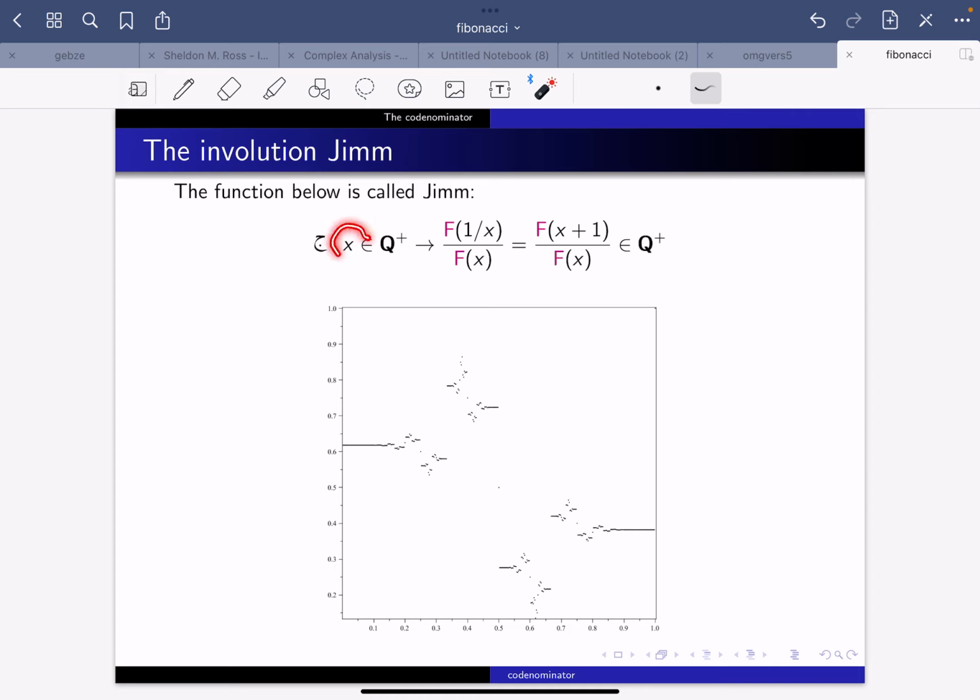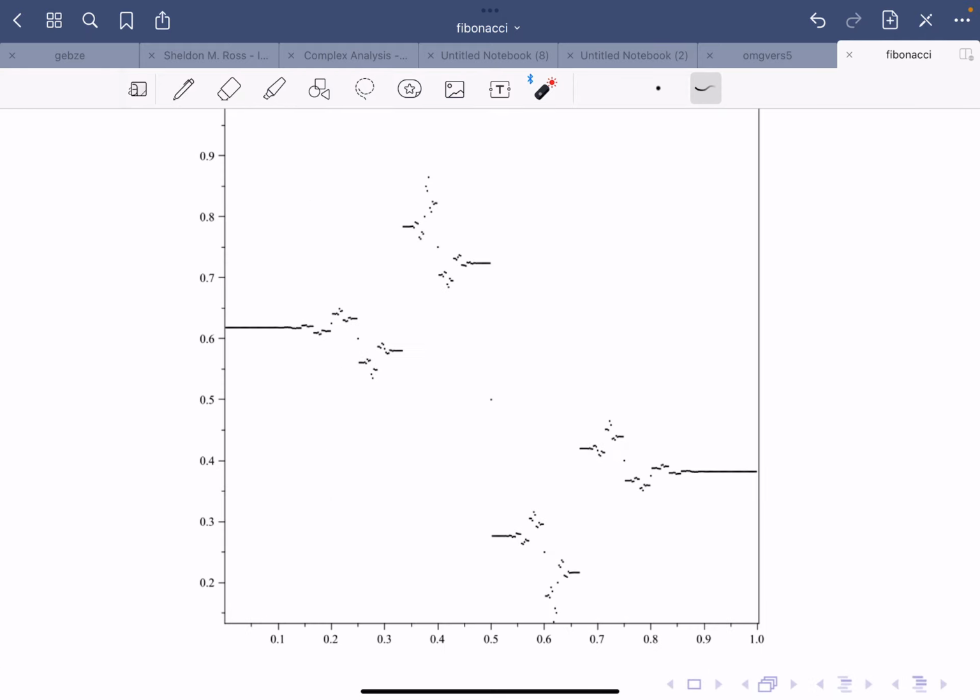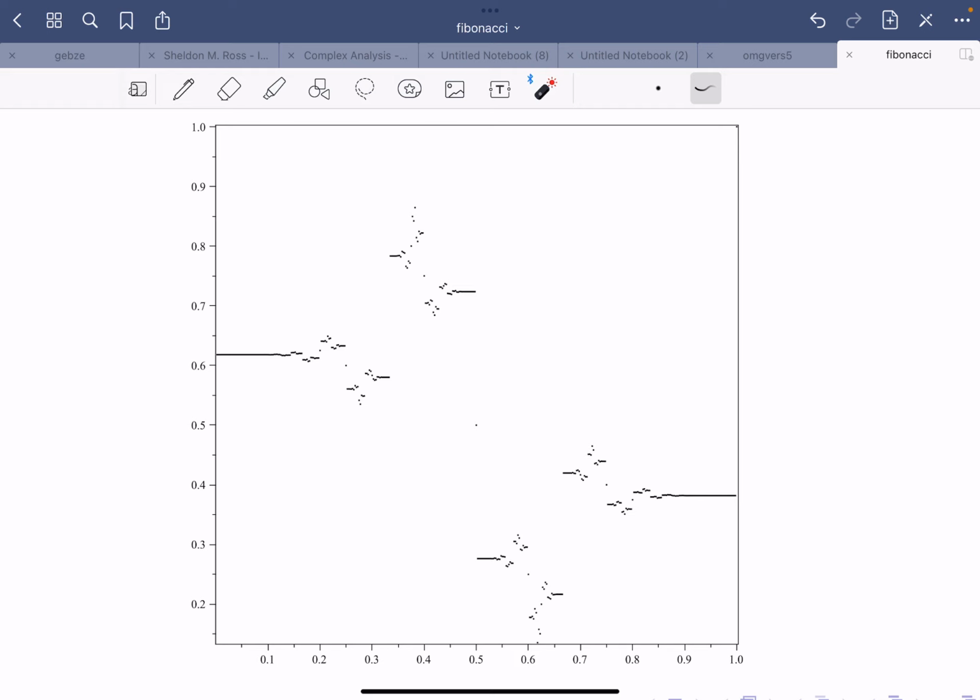It sends x to f(1/x) divided by f(x), and since f(1+x) equals f(x) plus 1, we can write this in this form as well. And its plot looks like this.